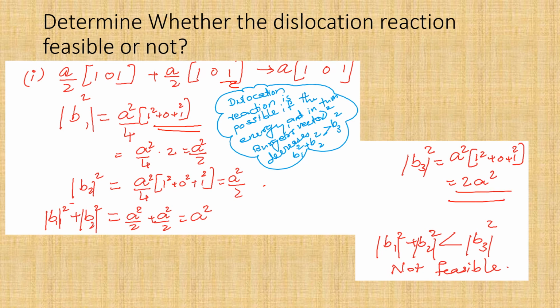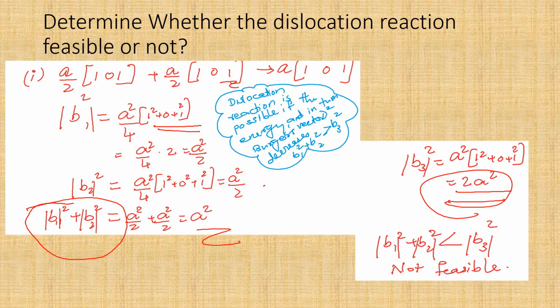Now find the sum on the reactant side, b1 square plus b2 square. That gives a square by 2 plus a square by 2, that is equal to a square. So before the dislocation reaction, the sum of Burgers vector squares is a square, and after the dislocation reaction, the Burgers vector square is 2a square. That means the square of the strength of the Burgers vector increased after the reaction.